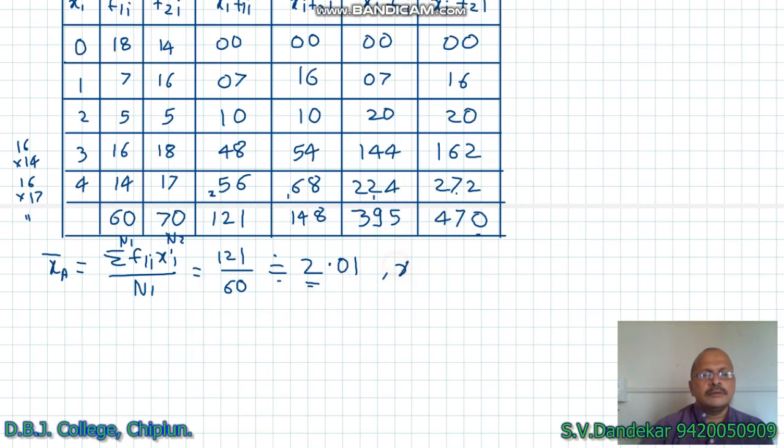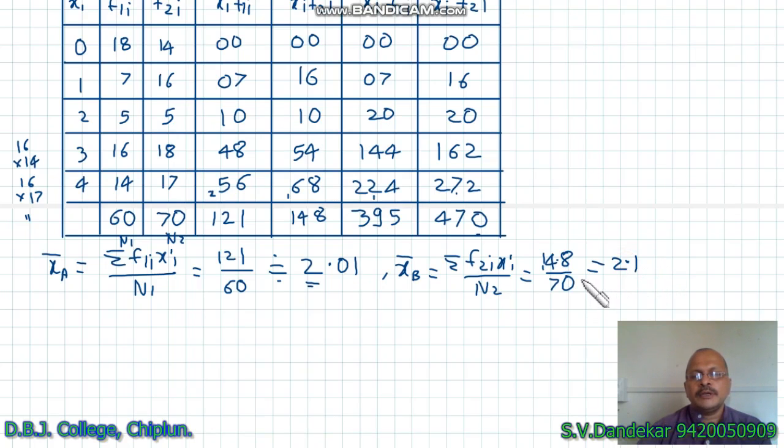XB bar is summation F2I Xi upon N2, it is 148 upon 70. It is equal to 2.1. I will approximate this as 2.1. I will forget the remaining digits.